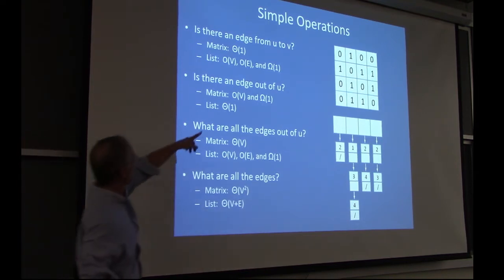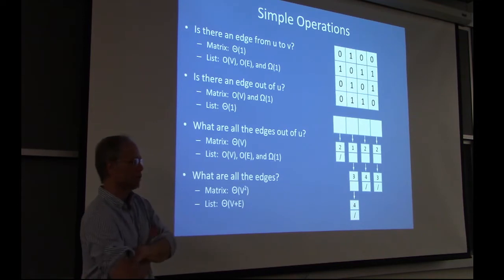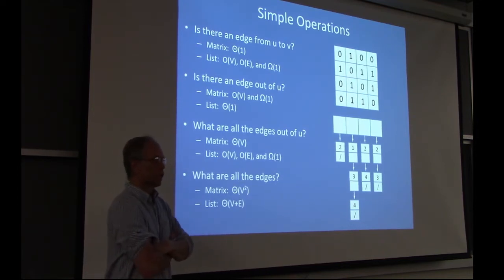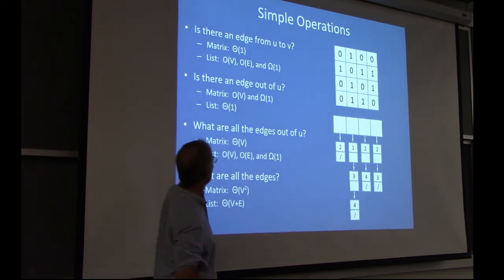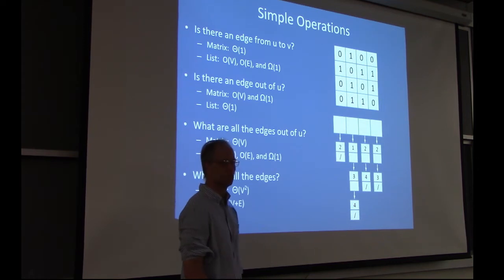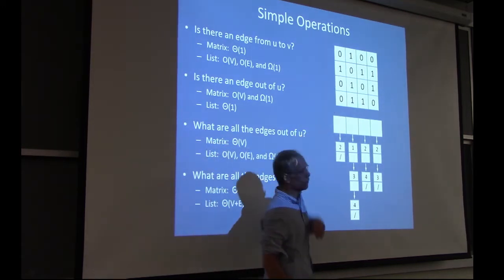What about asking, is there an edge out of U? So we're not asking, is there an edge in a particular place? Is there an edge out? This is more expensive on a matrix. Why does it take O of V time to find out if there's an edge out of U? Yeah, but what's the worst case to find out if there's an edge out of a vertex?